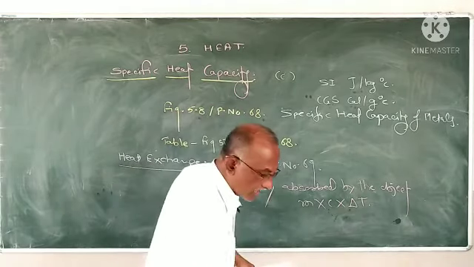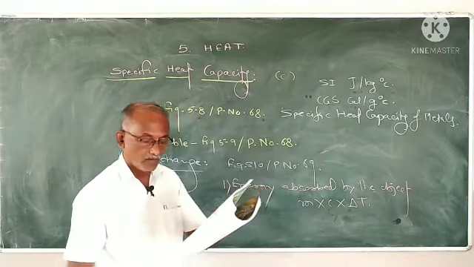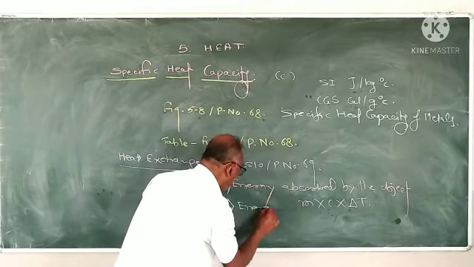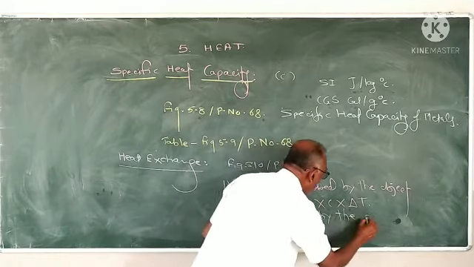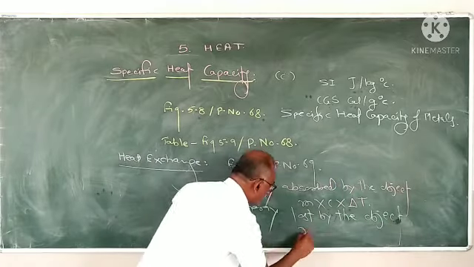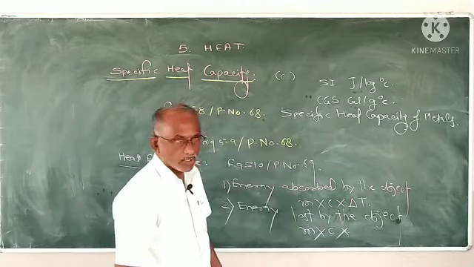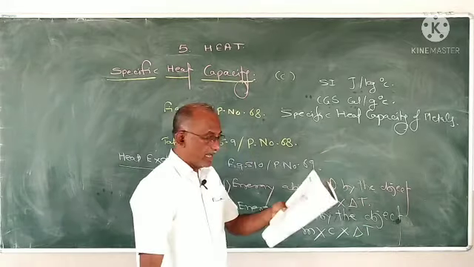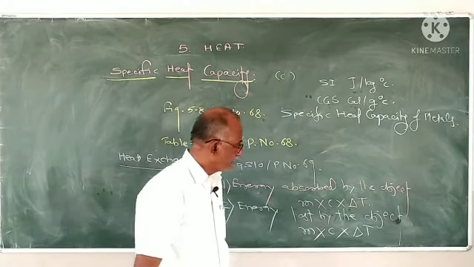Similarly, there is another formula: the energy lost by the object is m into c into delta T, where m is the mass of the object, c is the specific heat of that respective object, and delta T is the decrease in temperature.